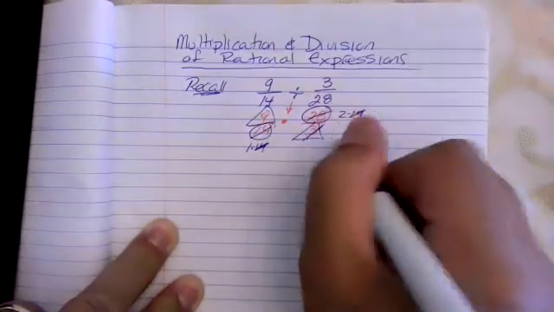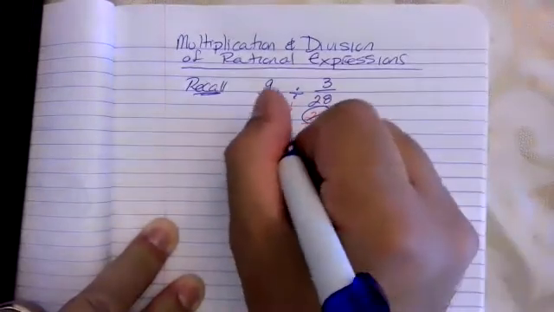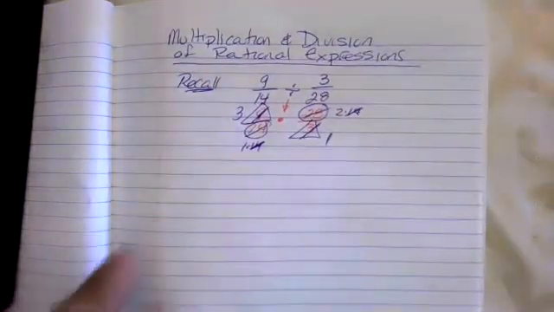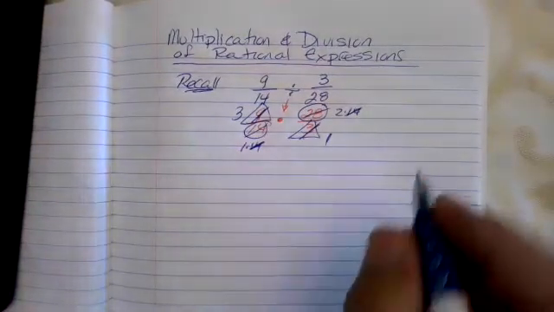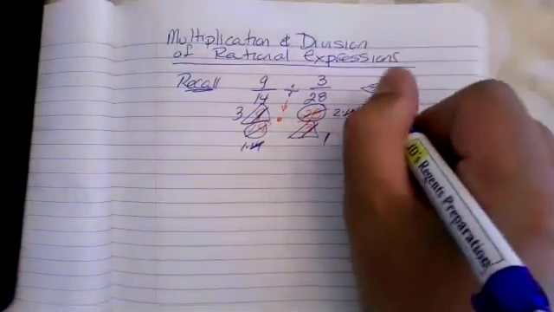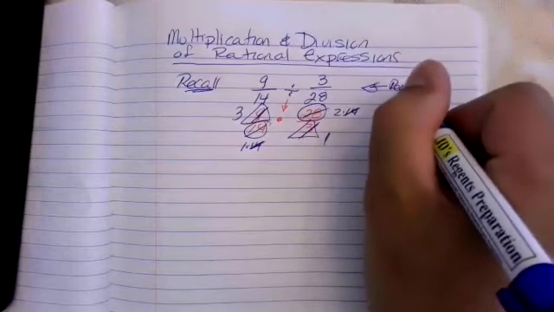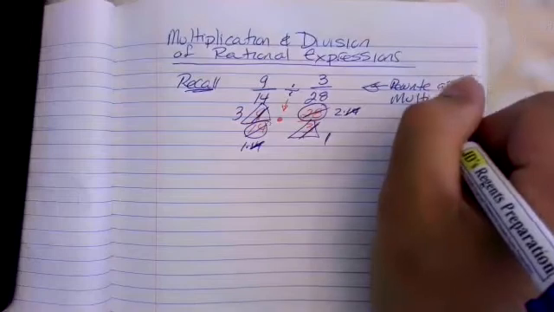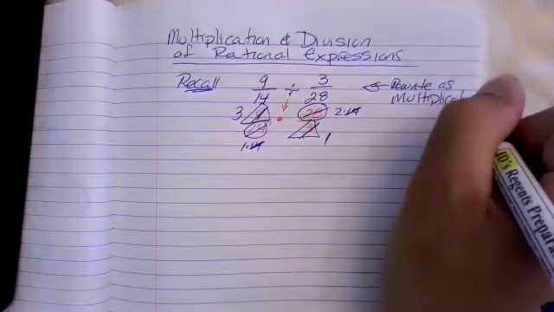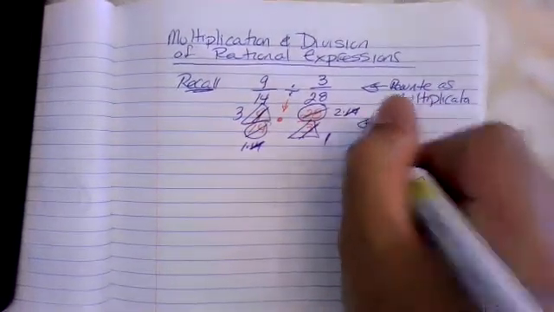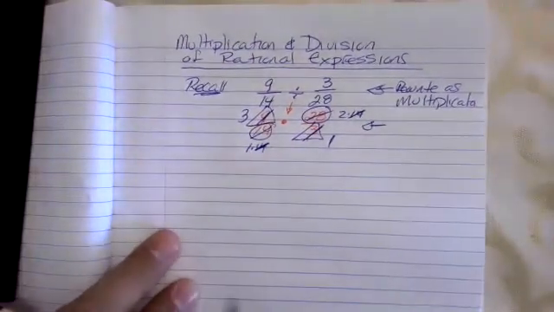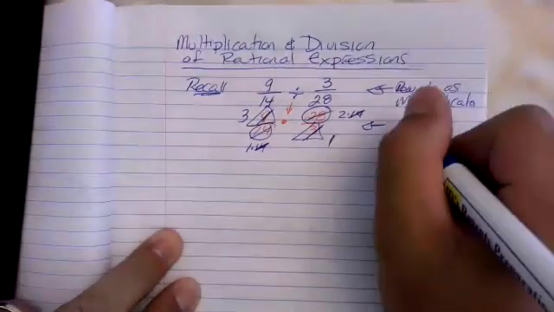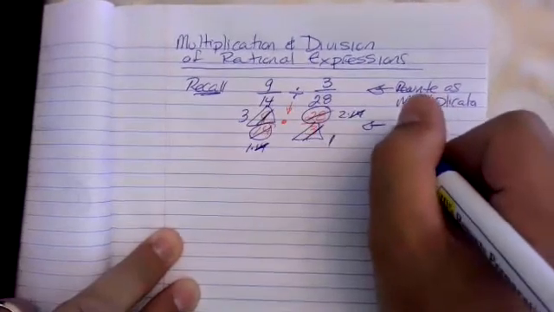I know 3 goes into 3 once, and 3 goes into 9 3 times. So I rewrote it as a multiplication problem. And then I reduce before I do any more multiplication, right? I find the like factors.